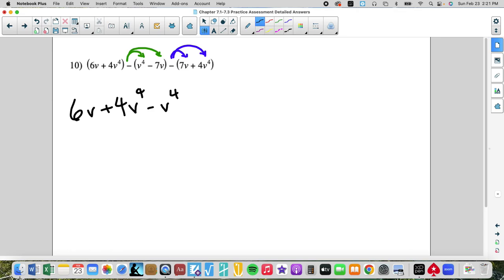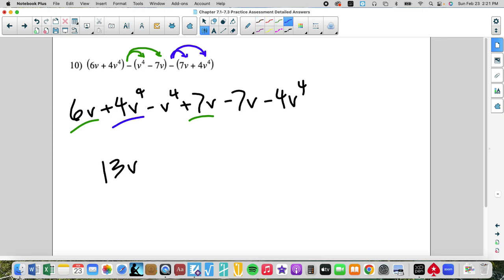Negative v to the fourth plus 7v minus 7v minus 4v to the fourth. So let's look for pairs. V, 6v, 7v makes 13v. 4v to the fourth minus v to the fourth. Oh, minus 4v to the fourth leaves me with negative v to the fourth.